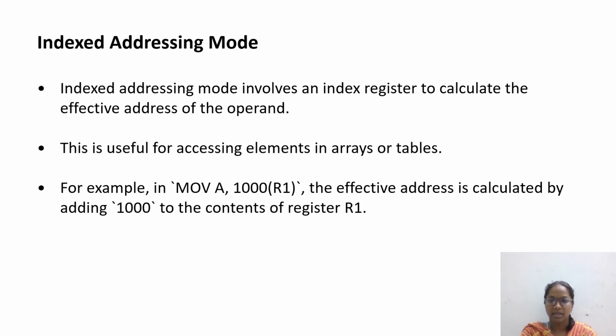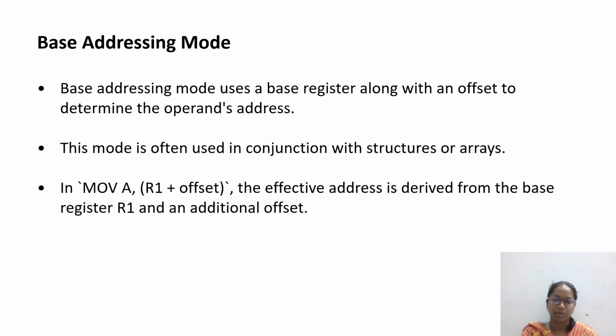By using this index number, we can access the element at that particular index. In the example, the effective address is calculated by adding 1000 to the content of the register. By the index value 1000, we can access the element from memory.